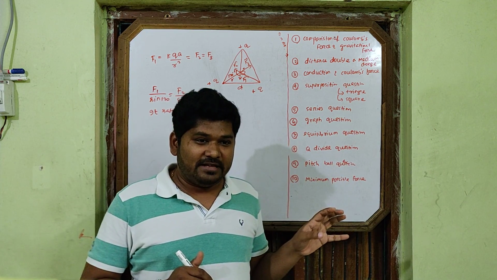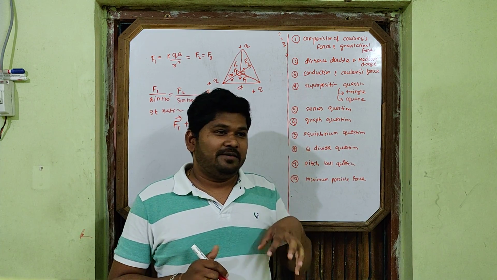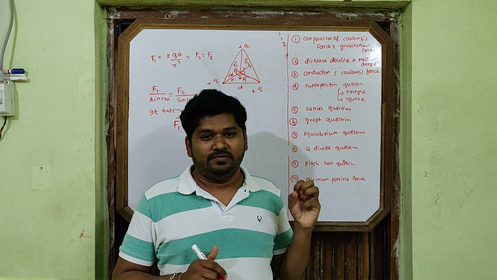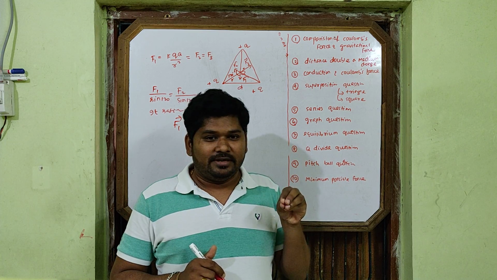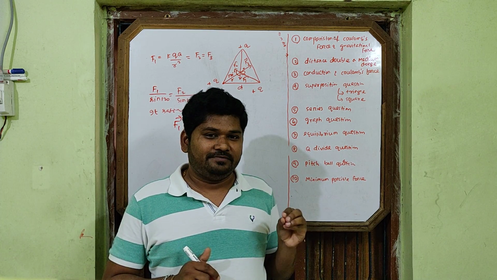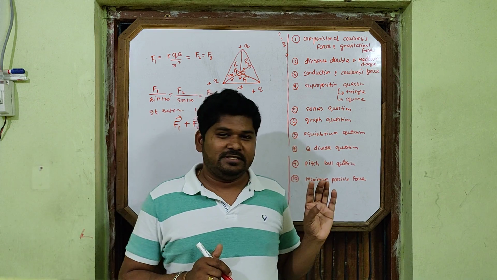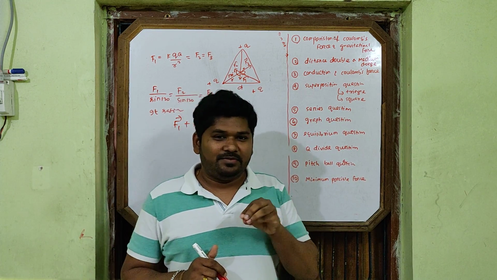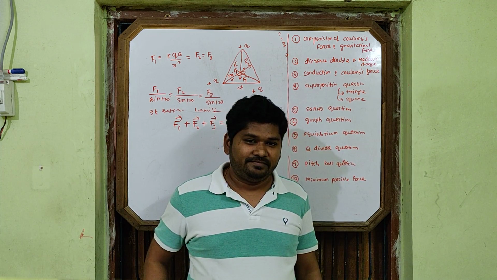But if the question comes like this: in a 13-sided polygon, 12 vertices contain charge small q, capital Q is present at the center, and at one vertex the charge is missing. Now what is the force on capital Q?